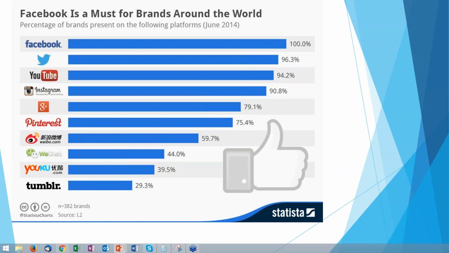All right. So now let's look at how brands are using these social media platforms. Again, look at Facebook. Now this is only through 2014. I couldn't find any more current information, but I'm pretty sure that's staying true. Brands are utilizing Facebook, and pretty much 100% of them have a presence there, which I thought was really interesting. Twitter is used for customer service issues a lot because it's kind of in real time on the spot.